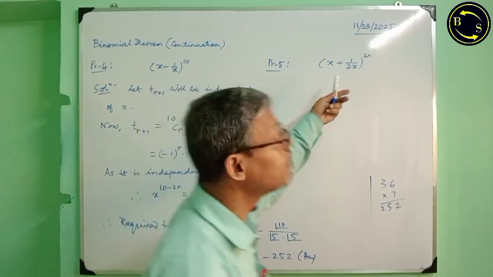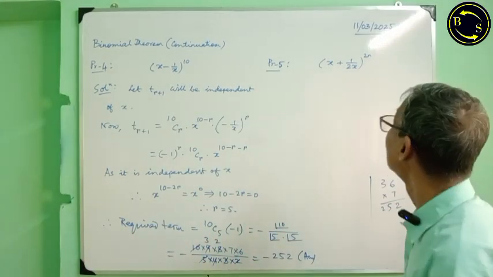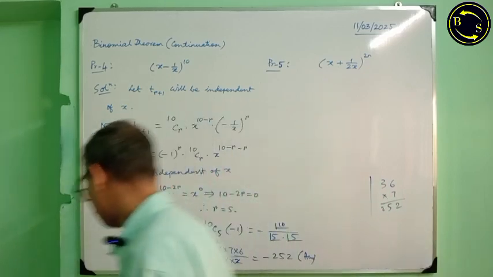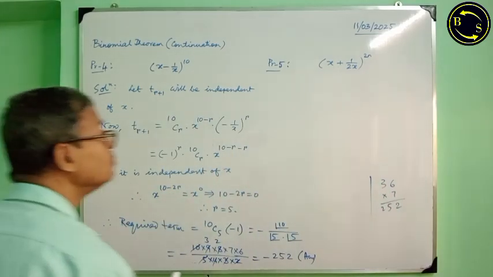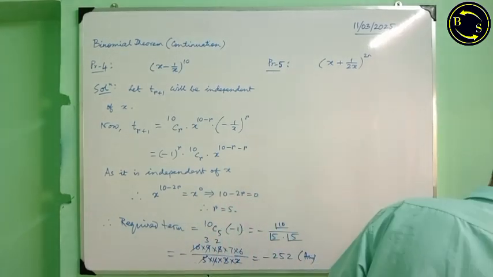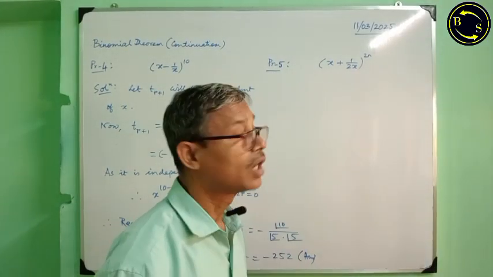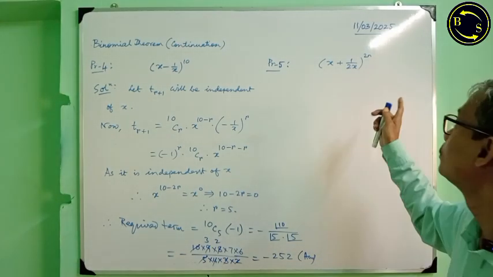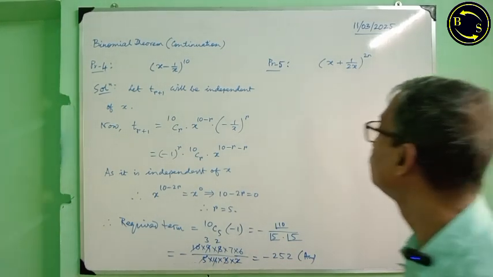Next sum, we have to find the middle term of the expansion of this one. For that, first we have to count how many terms there are in the expansion of this. 2n, that means even.